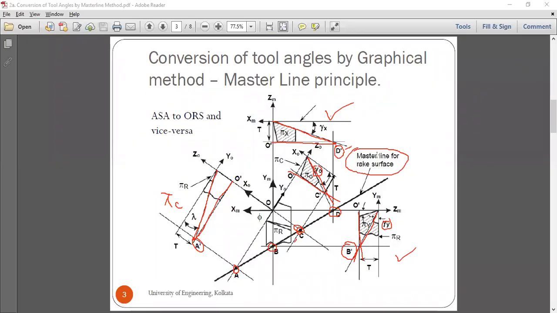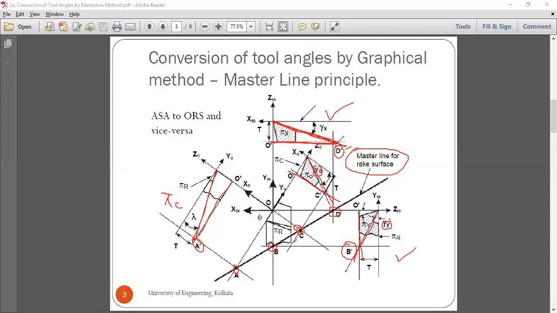Okay. See, here basically what we are trying to do is, we are using the rake surface. This is the rake surface. Now if we look into this gamma x rake surface, this is the inclination of the rake surface, and what we are doing is we are extending this inclination, and this is your base, right?